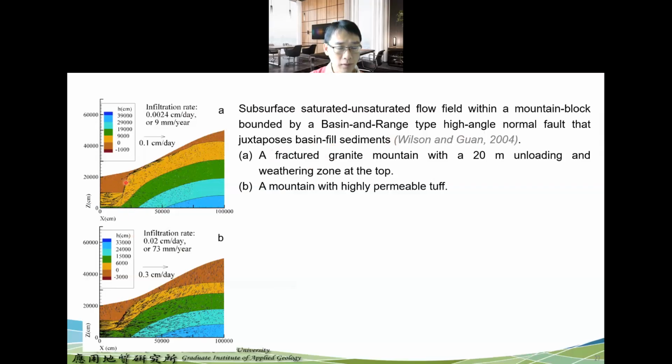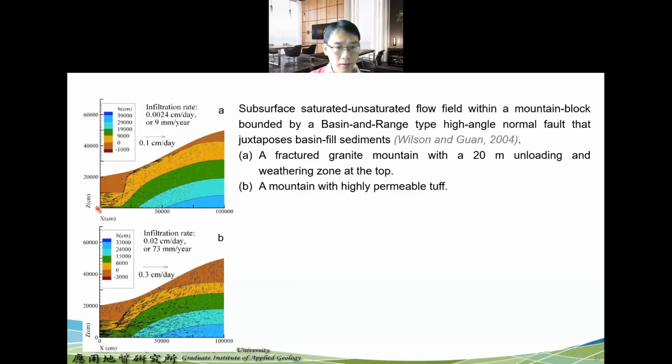They have the fault here and do simulations to let the water flow, with arrows showing the water flow rate. So the water can flow through the fault system and go to the plain area. That's what they observed.